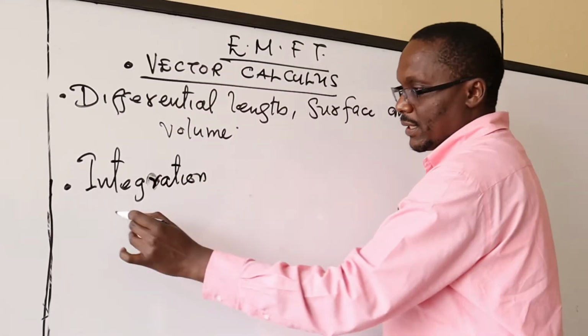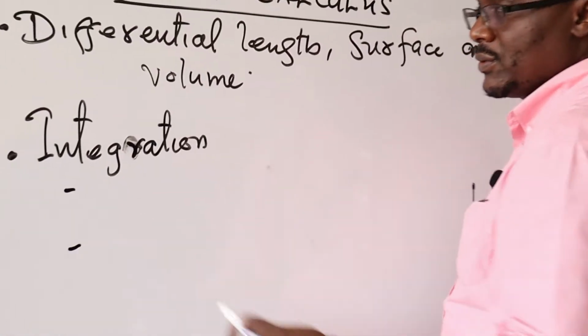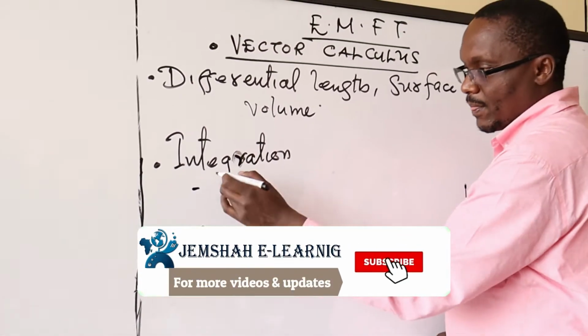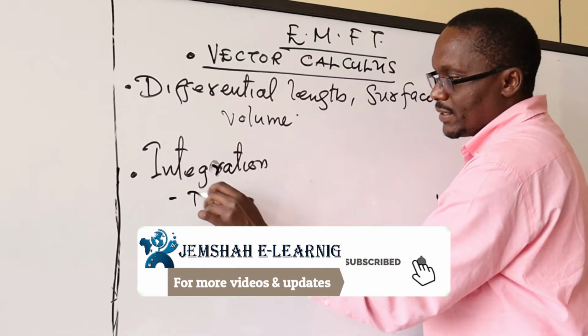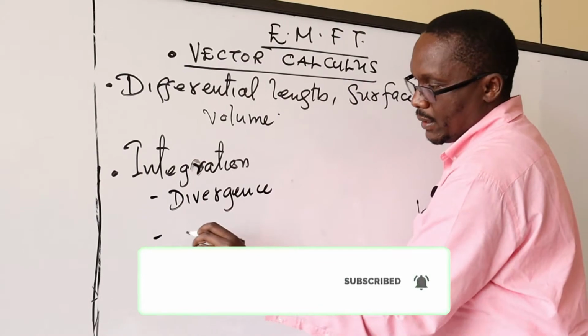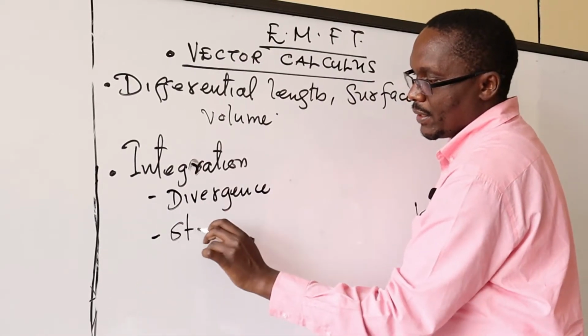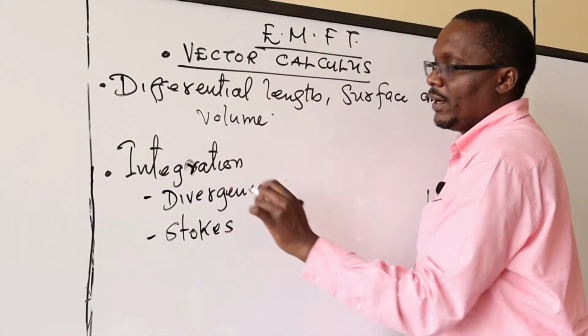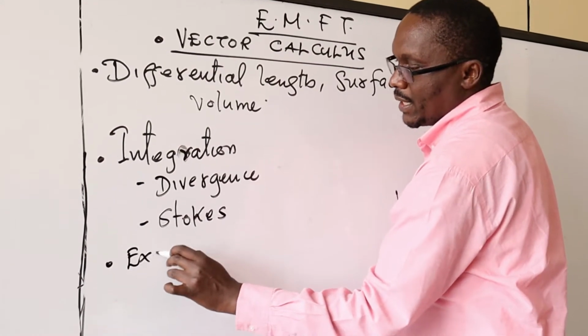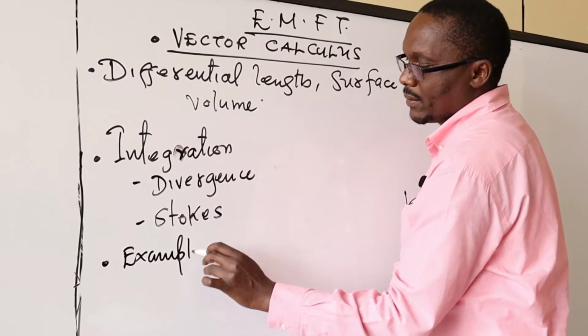Basically, we are going to focus on two basic theorems in vectors, and these are the divergence theorem and Stokes theorem. Finally, we look at some examples that are related to all these.